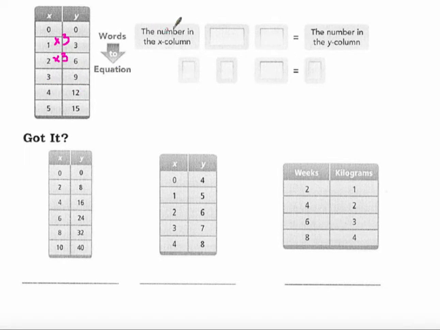So it looks like the number in the X column times 3 would equal the number in the Y column. So my equation would be the X column times 3 equals the Y column.